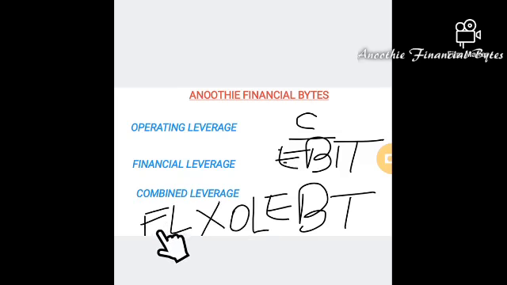Now operating leverage, I told you, is contribution upon EBIT. Financial leverage, I told you, is EBIT upon EBT.